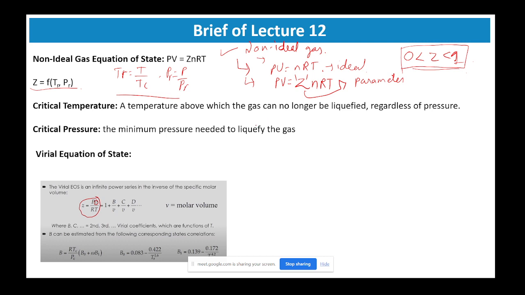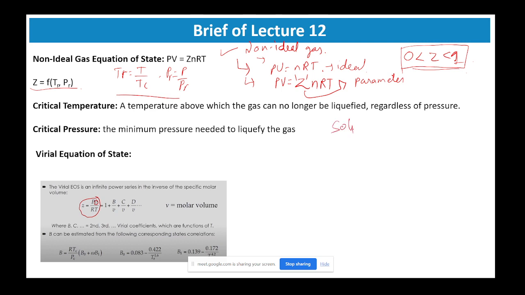Now another terminology that was discussed in the lecture was critical temperature and critical pressure, because all these parameters are somewhat related to critical temperature and pressure also. So what does critical temperature mean? Say for example, if you have a system, depending on the conditions of temperature and pressure, it will have some state.